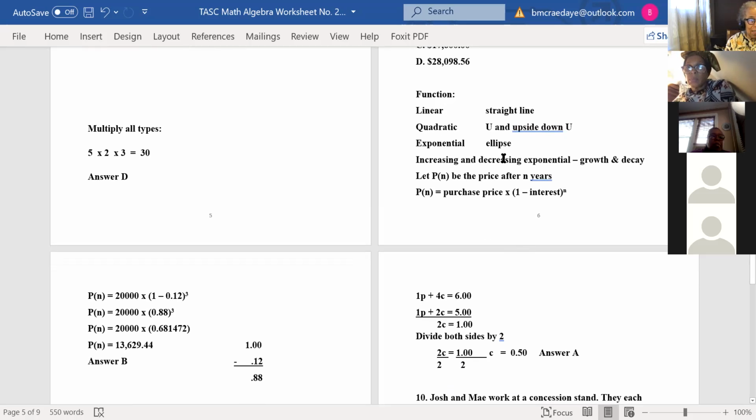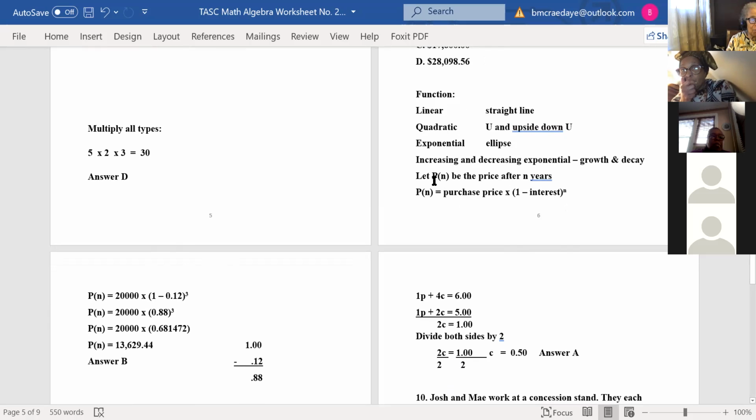I'll send this to you, but don't worry about this too much because like I said, I kind of got ahead of myself. When we get to functions, we'll get more into this and look at examples of linear, quadratic, and exponential. But I want to give you the formula for solving this problem.